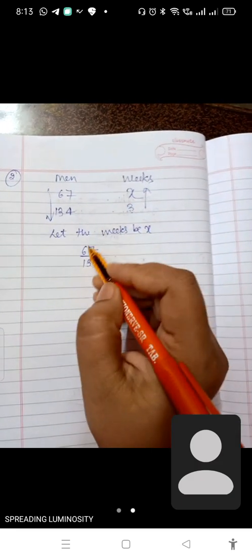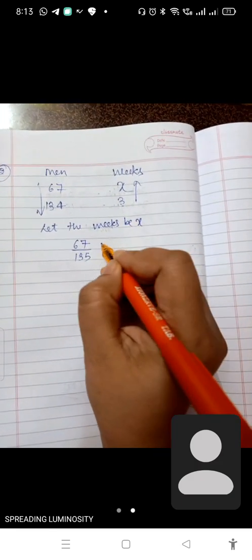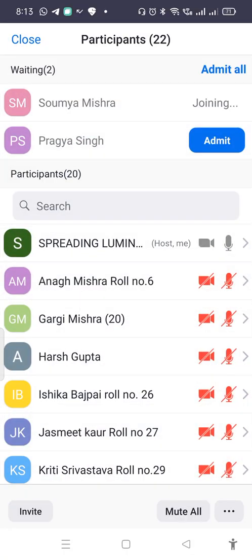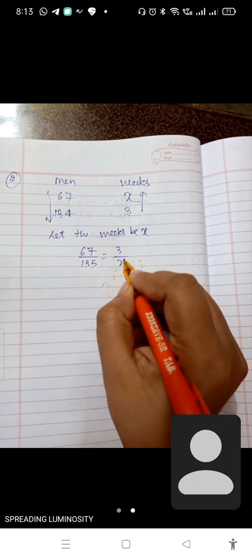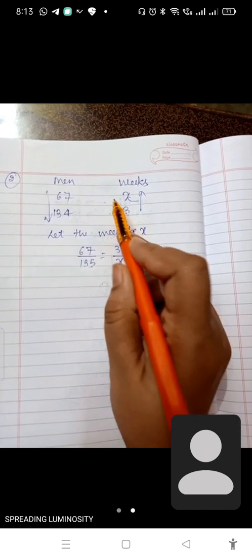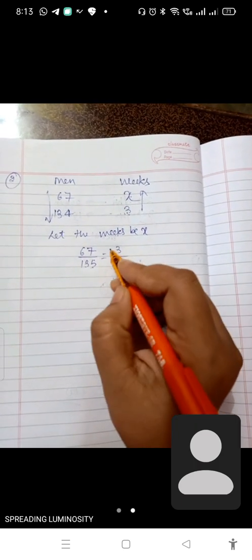First fraction you will write as it is, but the second will be inverse. It will be 3 by X. It will not be X by 3. Here we have written as it is, but here it will be reciprocal.